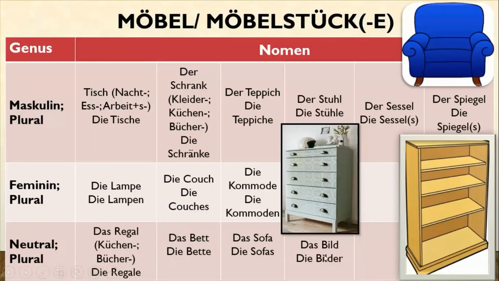Then das Bild, die Bilder, painting that you hang on the wall. So these were some of the main furniture items that you need to know at this level of the German language.